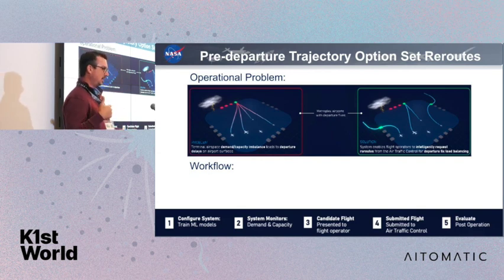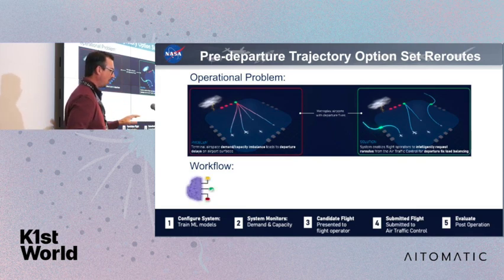But it gets very complicated because it's not just a matter of generating quality predictions. We're doing this within a safety critical system with humans in the loop, so it's really about the process, procedures, and workflow that makes this a very complicated system altogether. Here we'll talk about the workflow, which begins by pre-configuring the system.